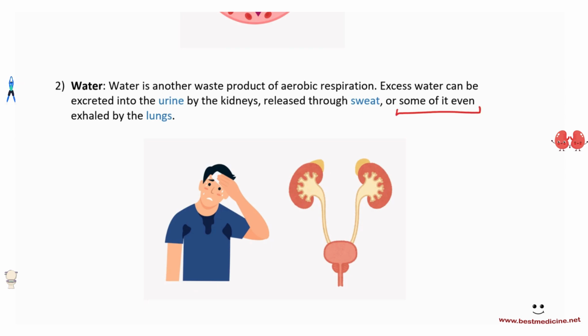Do you know that we exhale water vapor all the time? Have you ever taken a breath exhaled in a very cold environment, for example, in the winters, and when you do it, it kind of comes out as fog, like smoke. That's actually water vapor very quickly condensing into water.